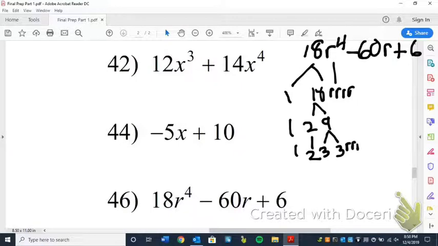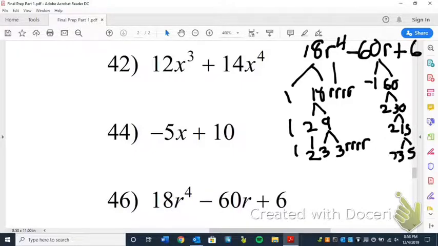And then our 4 r's. -60r breaks down to -1 times 60 times r. 60 is 2 times 30. 30 is 2 times 15. And 15 is 3 and 5. So notice again what I'm doing with those larger numbers is slowly making them smaller by just peeling off prime numbers that are their factors. 6 is just 1 and 6, or 3 and 2.